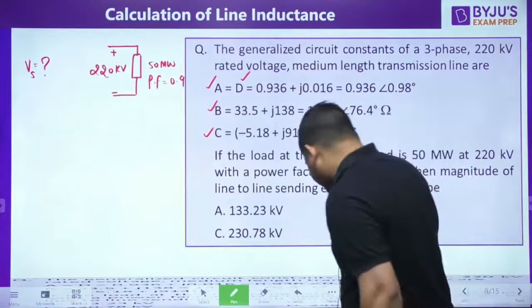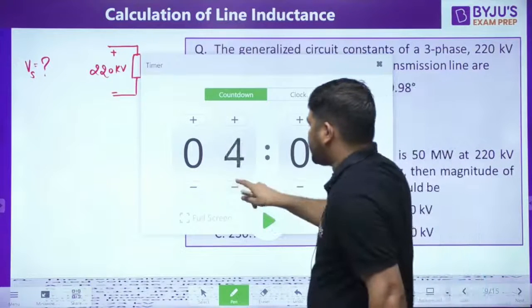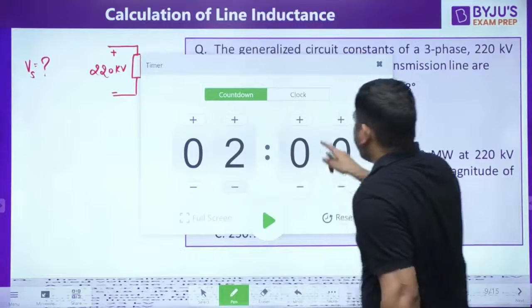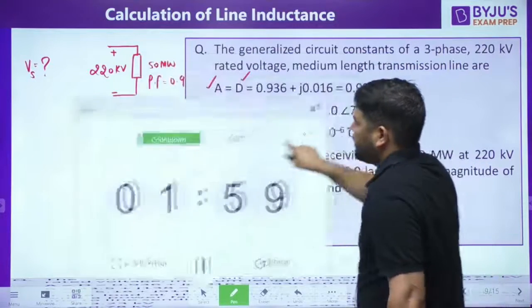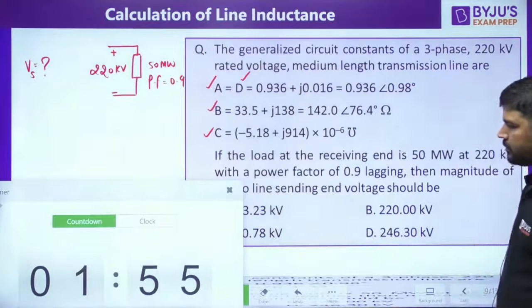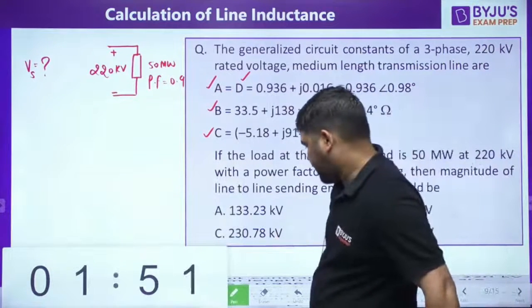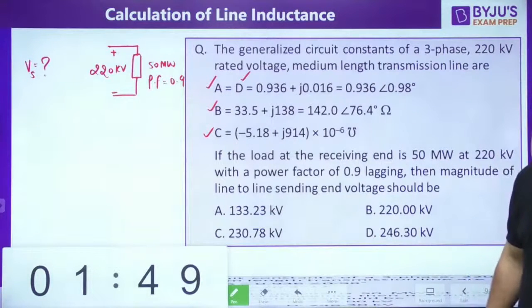So I'm giving you some time. Let's take the time as maybe again 2 minutes. Okay guys, try to solve it.